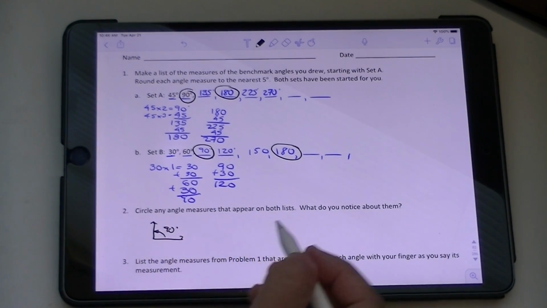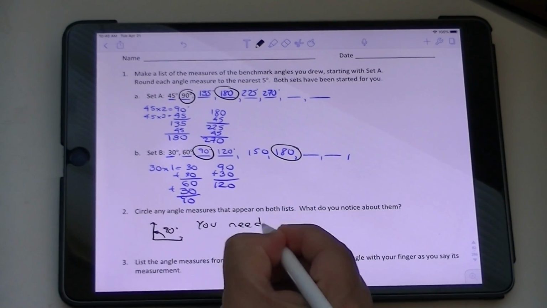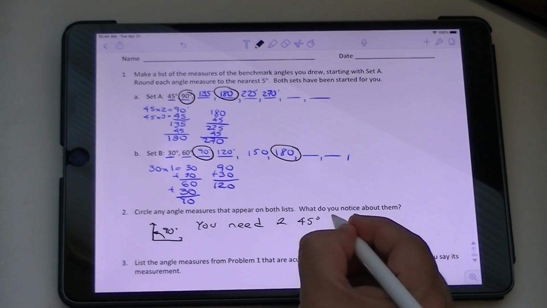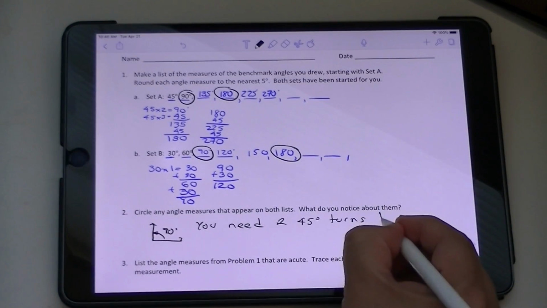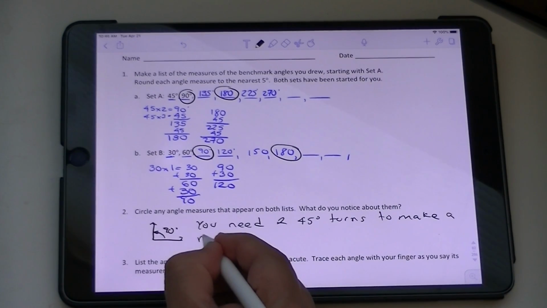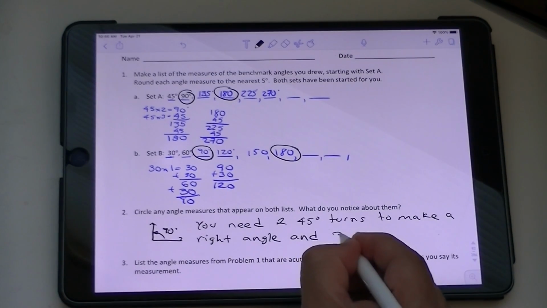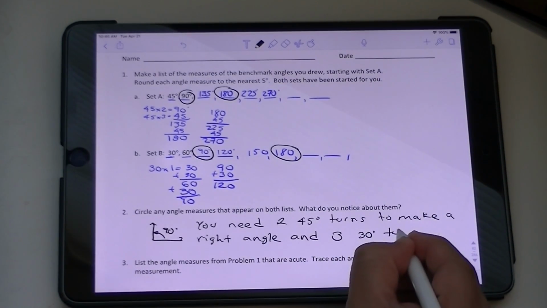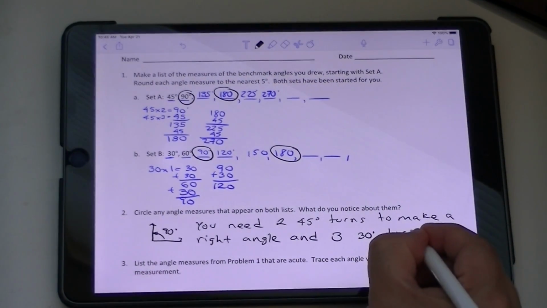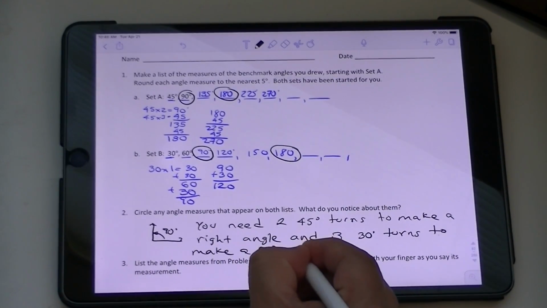So you need 2 45-degree turns to make a right angle, and 3 30-degree turns to make a 90-degree angle.